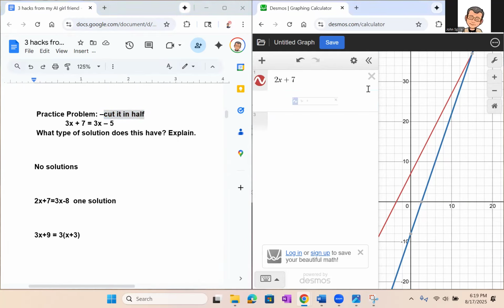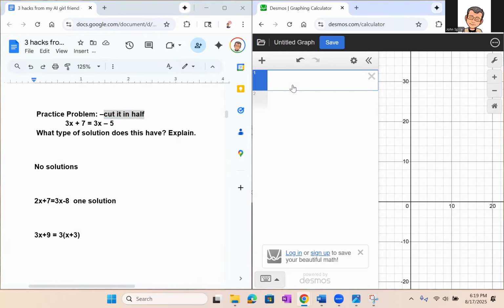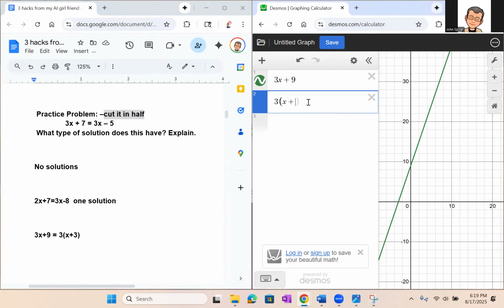Let's see: 3x plus 9 and 3x plus 3. Oh, look at that. Those are the same line. So there's a solution here, a solution here, a solution there. How many solutions are we going to have? It turns out this one is infinite.